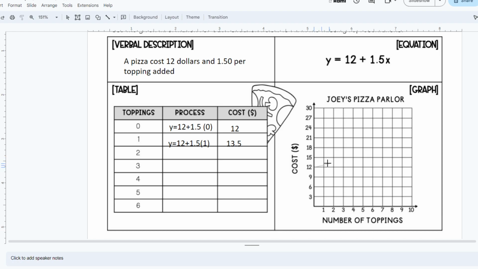And then our graphical representation, well, if we're starting at 12 and we go to 15, that's going to be 2 toppings. And so my graph is going to look something like this.